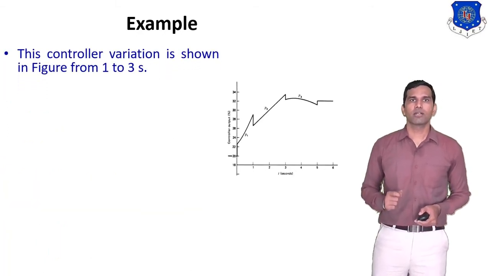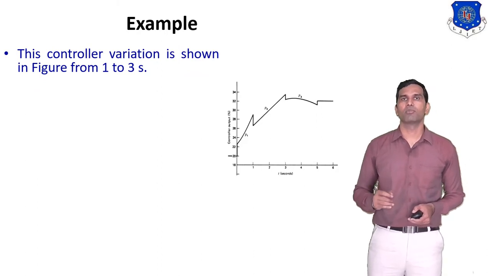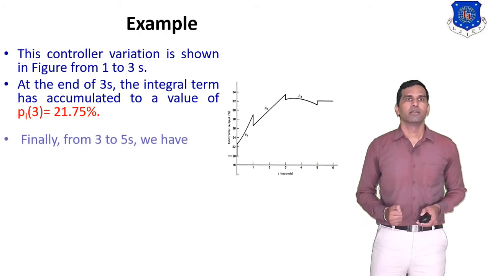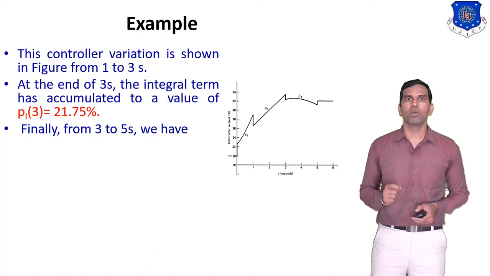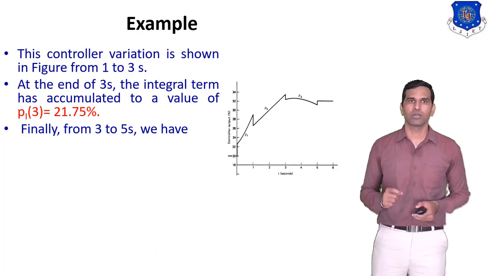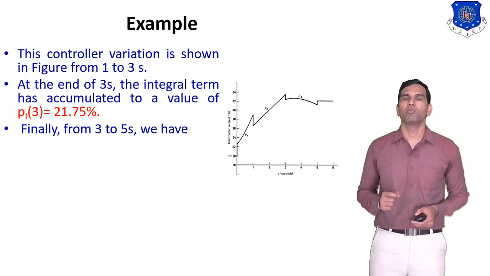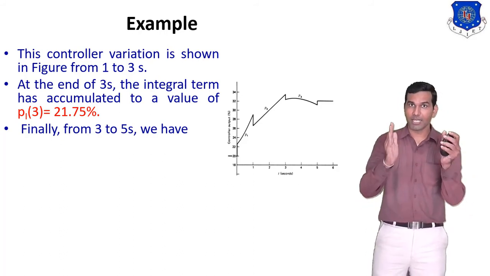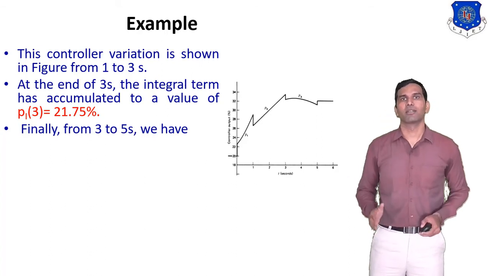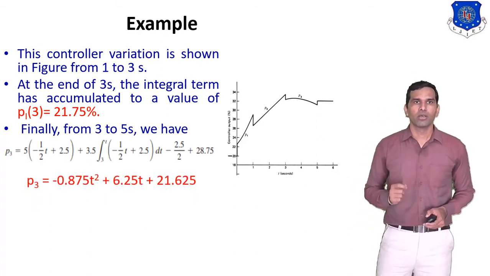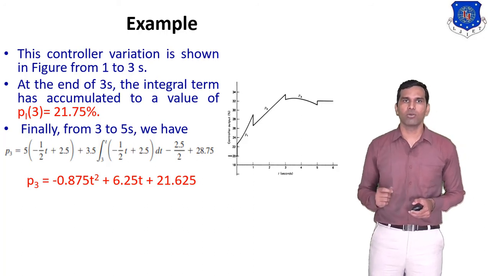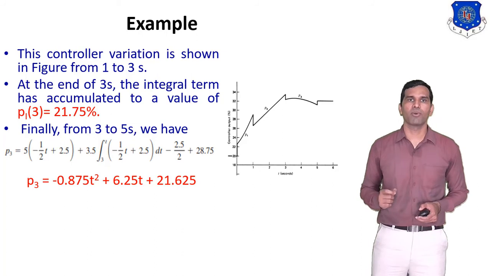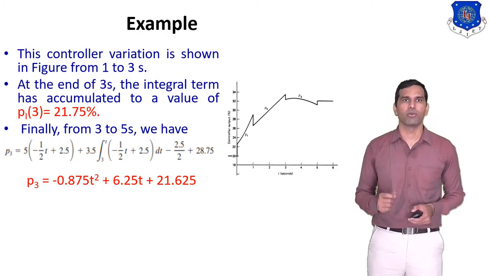Now this controller variation is shown in the figure from 1 to 3 seconds. At the end of 3 seconds, the integral term has accumulated to a value of Pi3 equals 21.75%. Finally, from 3 to 5 seconds, we have P3 equals 5 times minus 1/2 t plus 2.5 plus 3.5 integral from 0 to t of minus 1/2 t plus 2.5 dt minus 2.5 by t plus 28.75.